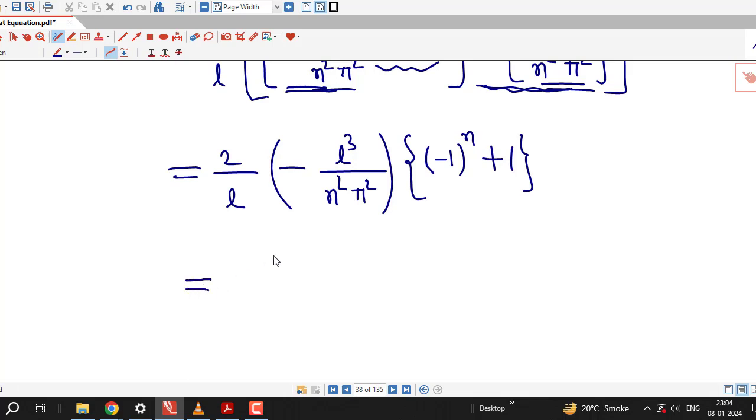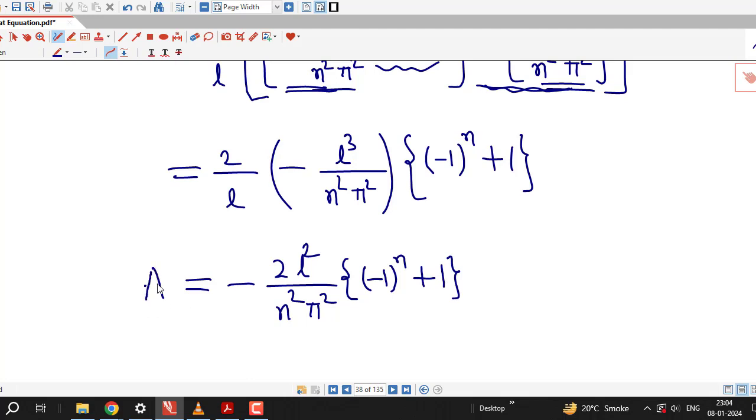And finally we can see this L will get cancelled, so we have 2 times L square divided by n square pi square multiplied with minus 1 raised to n plus 1, and this is our an for n equal to 1, 2, 3 and so on.